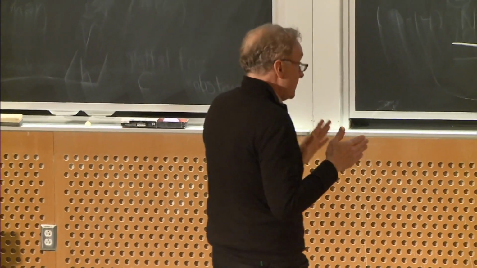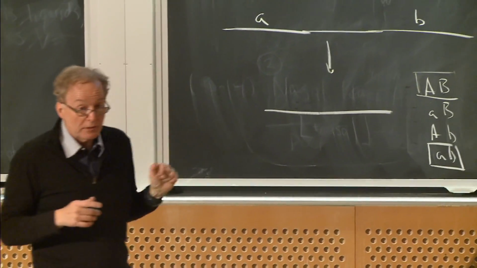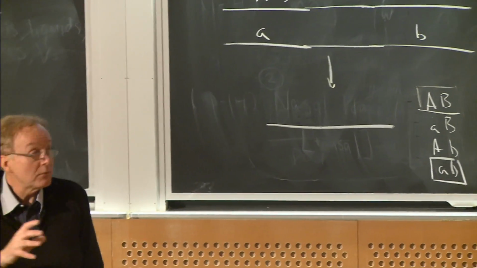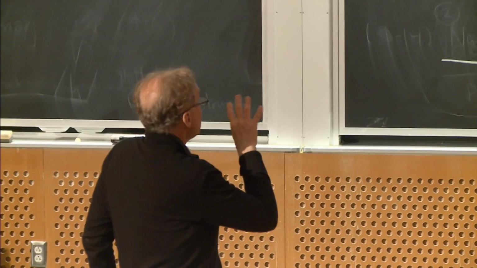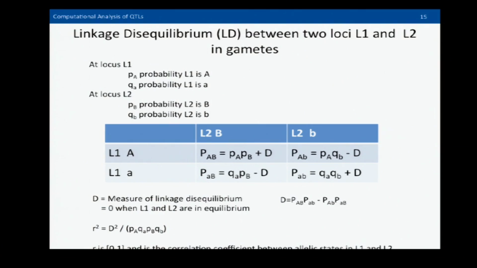However, if they aren't independent, we can come up with a single value D, which allows us to quantify the amount of disequilibrium between those 2 alleles. And the formula for D is given on this slide. And furthermore, if it's more convenient for you to think about in terms of R² correlation, we can define the R² correlation as D squared over pA, qA, pB, qB, as shown in the lower left-hand part of this slide.